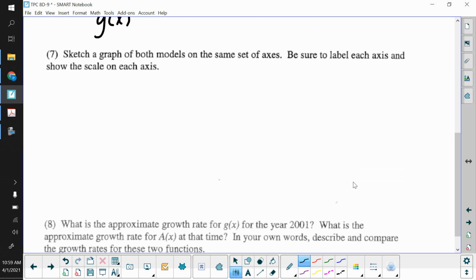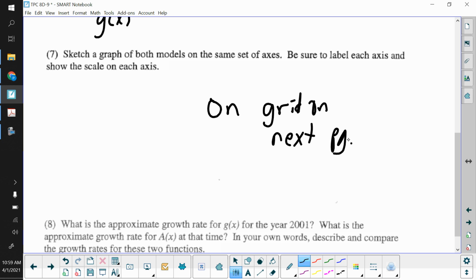In 7, you're going to sketch a graph. This is going to be on the grid on the next page. For g of x, I want you to sketch it for the domain x equals 0 to 10, we'll say.